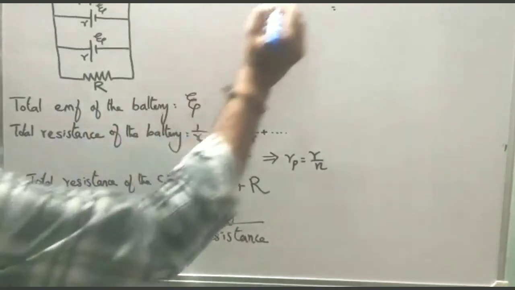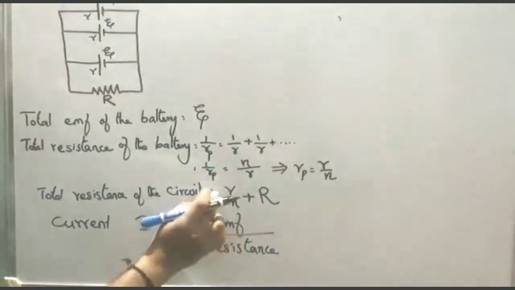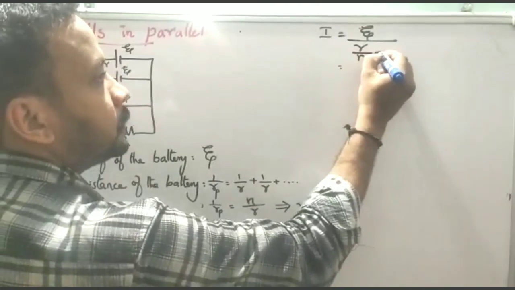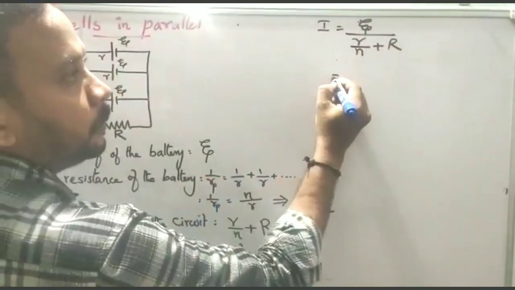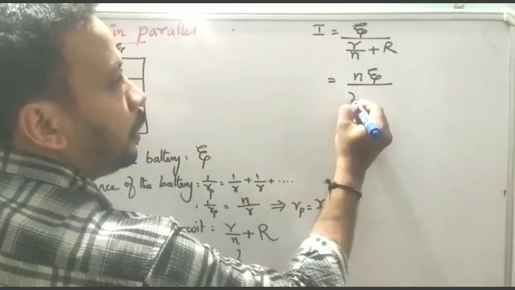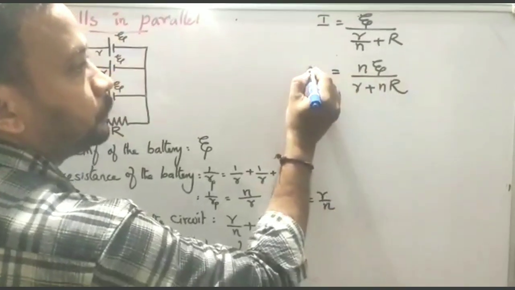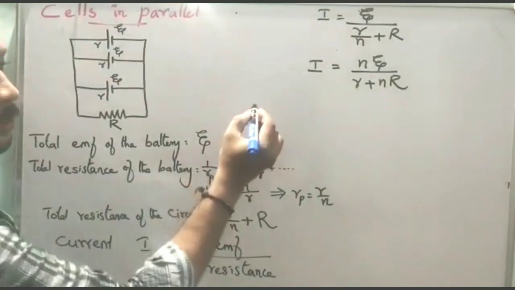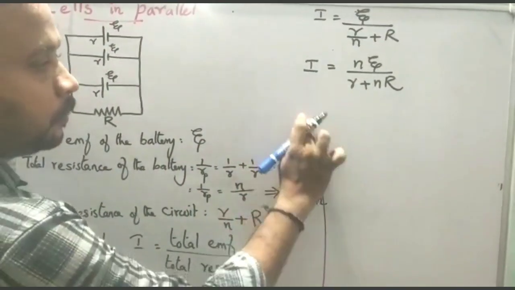Total EMF psi by total resistance of the circuit r by n plus capital R. Taking LCM, n psi by r plus n into capital R. Now, two cases.